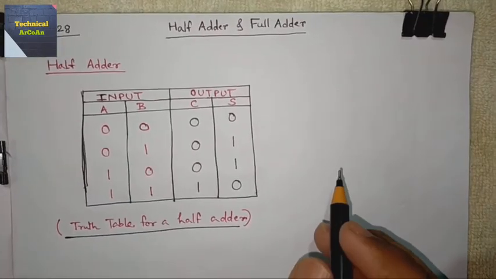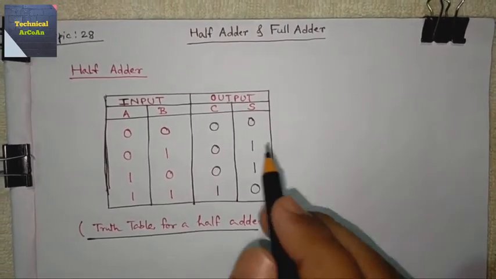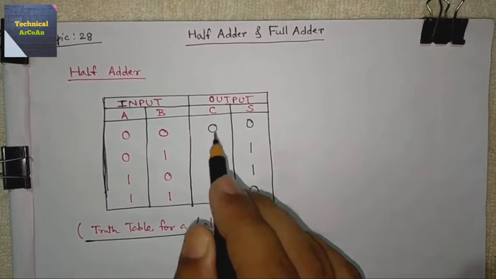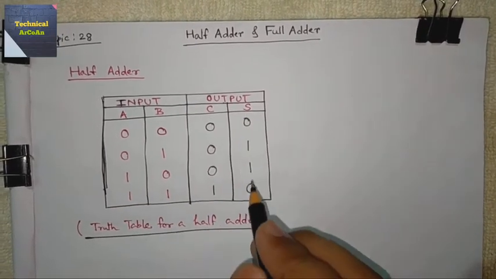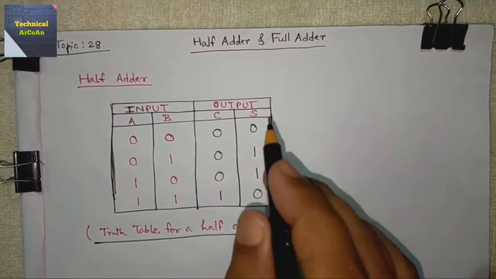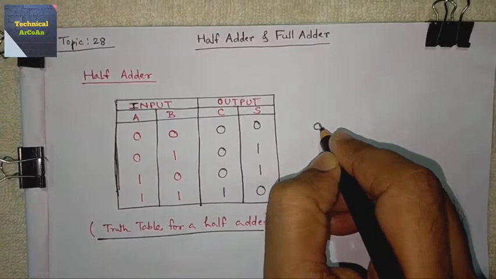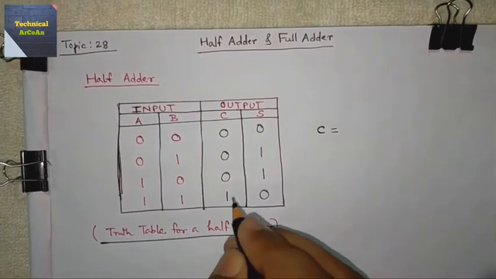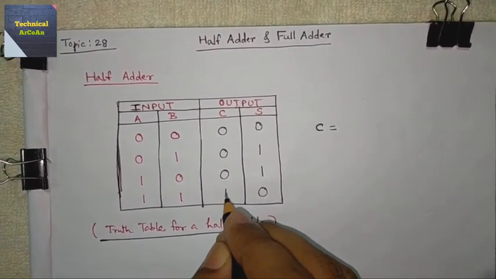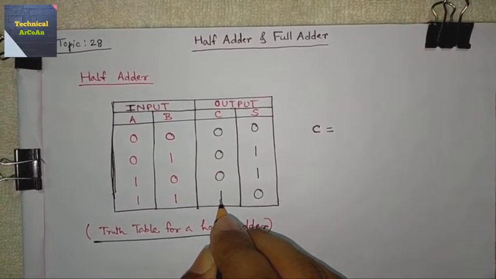Now the sum of products expression of the two outputs, carry represented by C and sum represented by S, can be directly obtained from the truth table. So how? Suppose we write C equal, we find out the product term in that particular position.